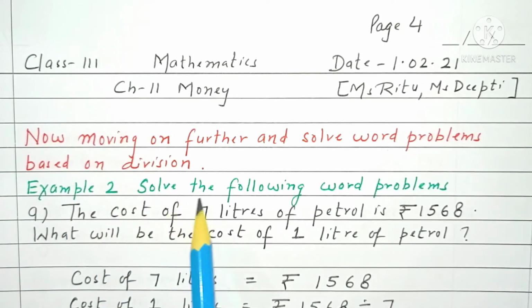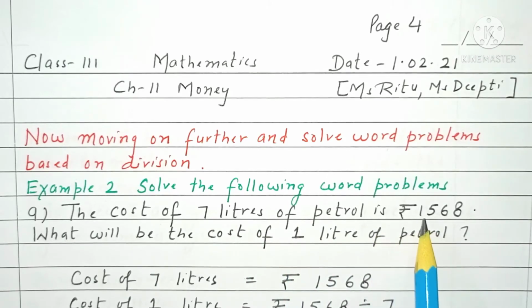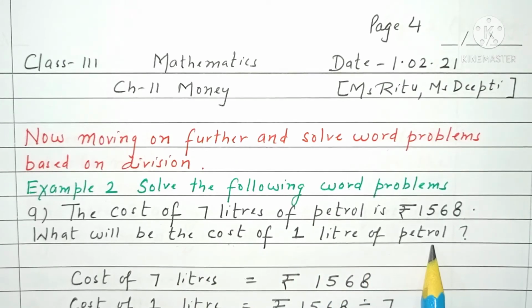So, if we are solving these word problems, the A part is: the cost of 7 liters of petrol is rupees 1568, and we have to calculate the cost of 1 liter of petrol.